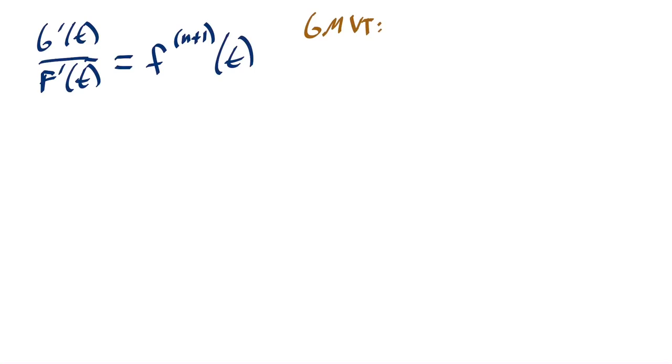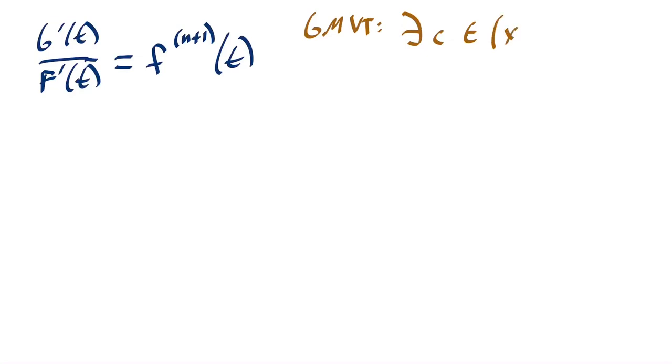So what does the generalized mean value theorem say? It basically says that there exists a c in the interval, and maybe I won't do a and b, I'll stick with the same x and x naught that we've done before.